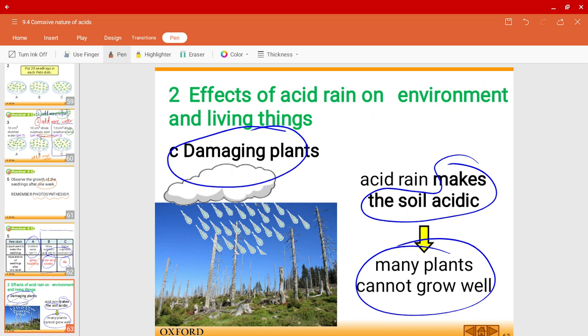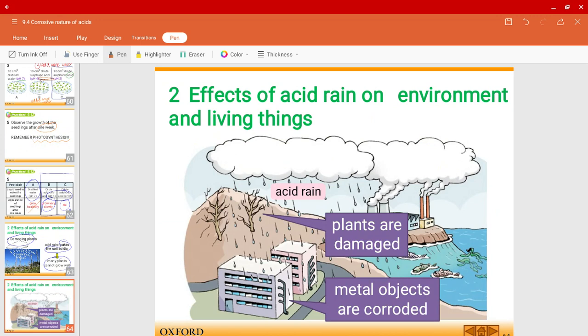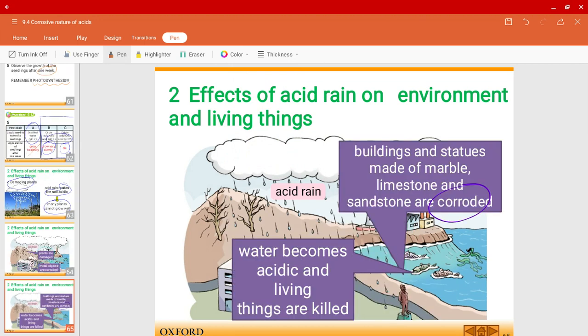So to summarize so far, acid rain can cause damage to plants, metal objects are being corroded, buildings and statues are being corroded. We've learned about marble, limestone, sandstones in the previous videos. Water becomes more acidic, which causes living things, marine organisms, all different kinds of organisms to be killed.